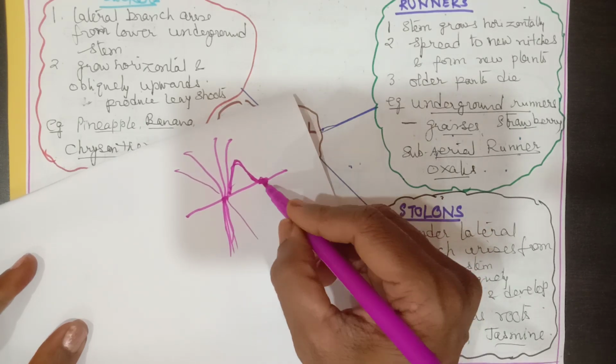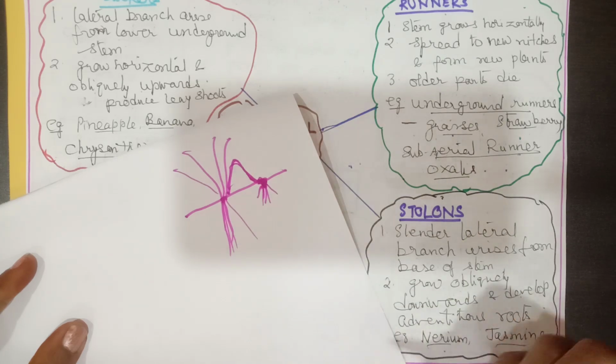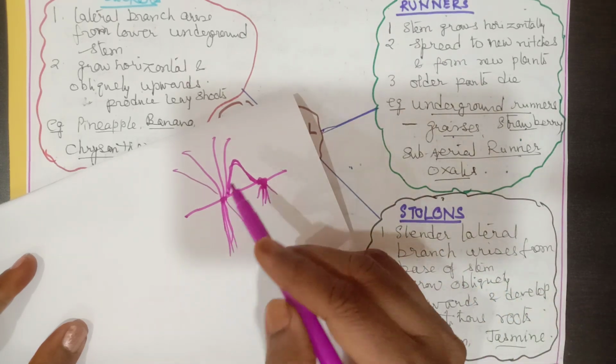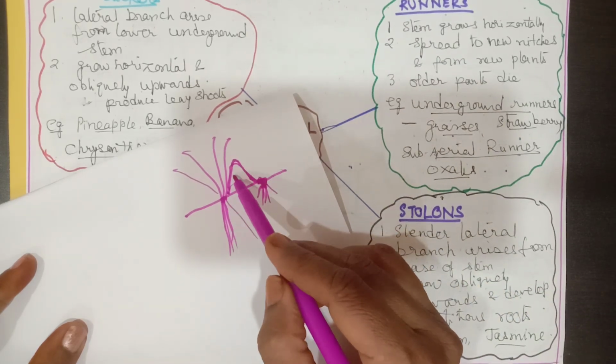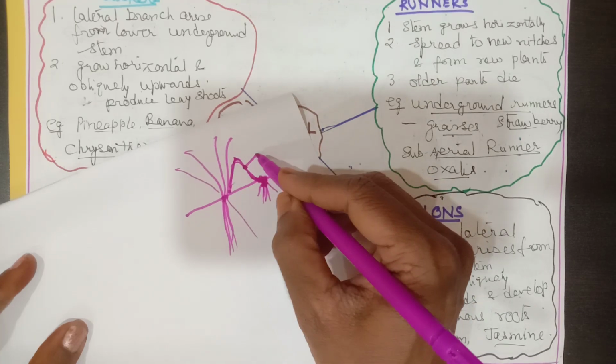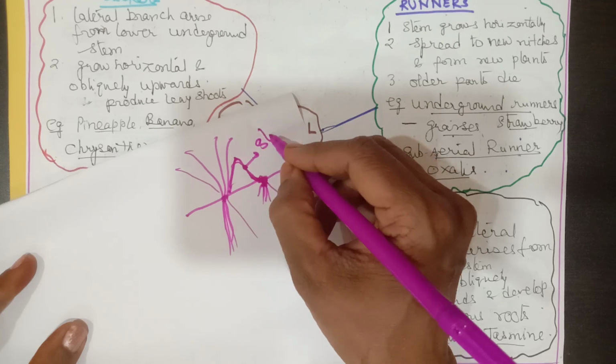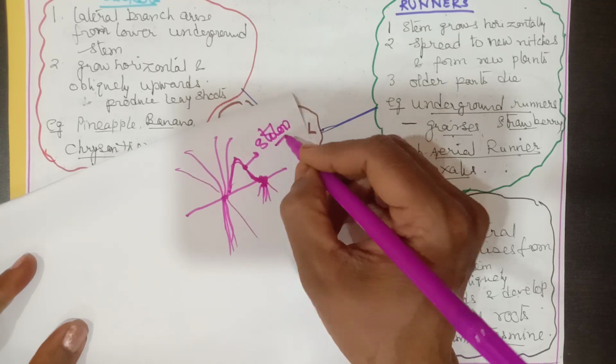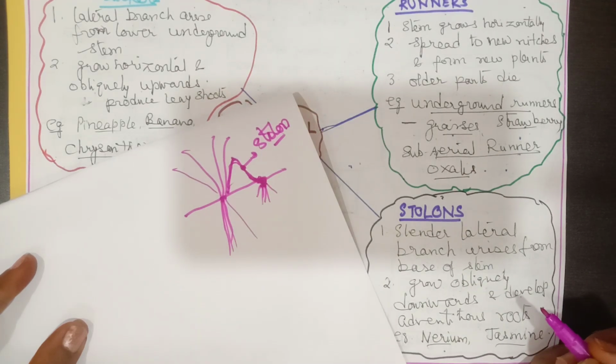Wherever they touch the soil, they develop adventitious roots. This obliquely growing branch, which comes out and grows down, is called a stolon.